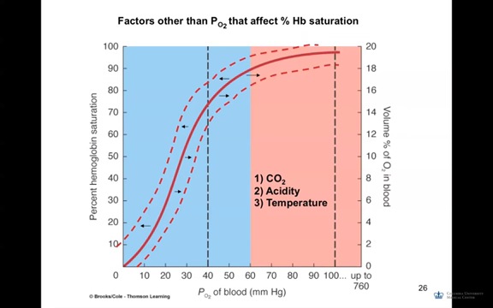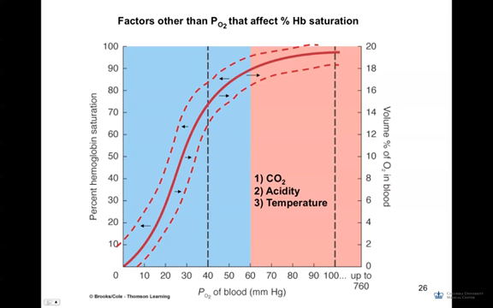And these factors, the ones that we're about to talk about right now, all reflect the degree of metabolic activity in the body and locally in tissue. So the local CO2 concentration can affect this curve. The local pH, or degree of acidity, can change it, and the local temperature.